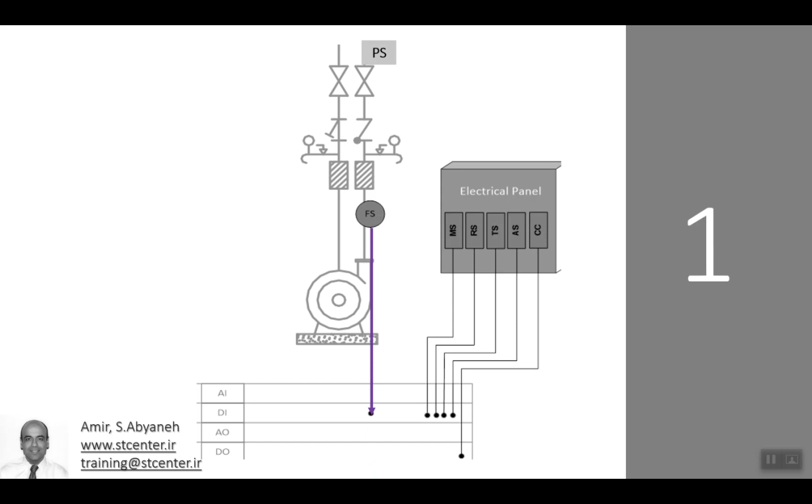Why do we need the flow switch? Because when the pump starts working, we need to understand if it works fine or not, if the output of the pump exists or not. So to make sure that the pump works fine, we need the flow switch.